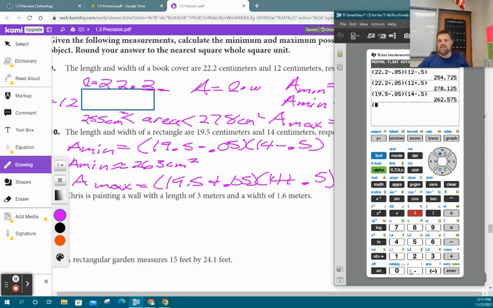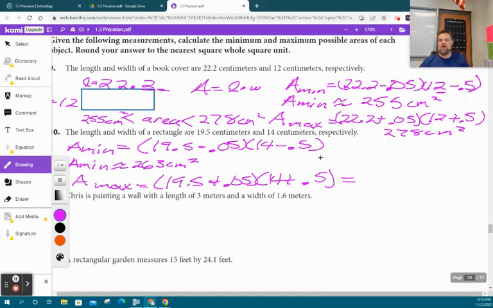I'm going to start parentheses, 19.5 plus 0.05, close parentheses, times 14 plus 0.5, close parentheses. I'm going to round to 283 because when we're rounding to the one spot, that means I go one unit to the right. It's a 4, so you would round down.